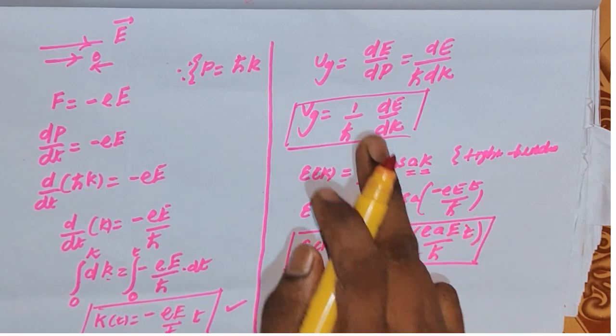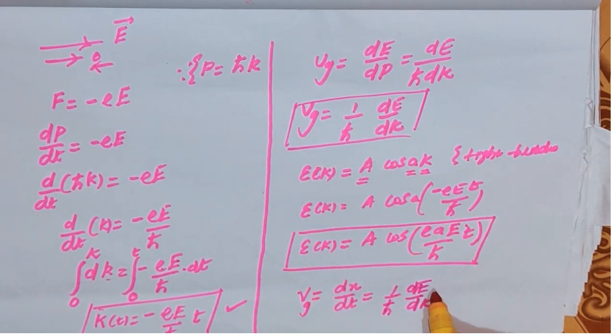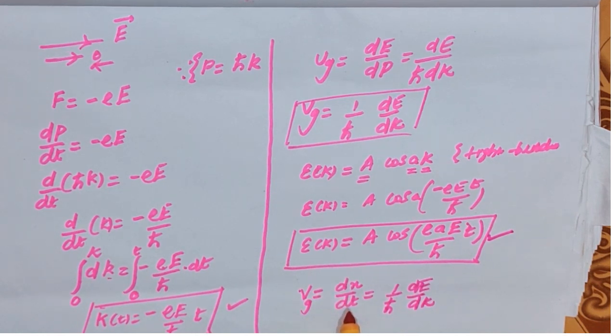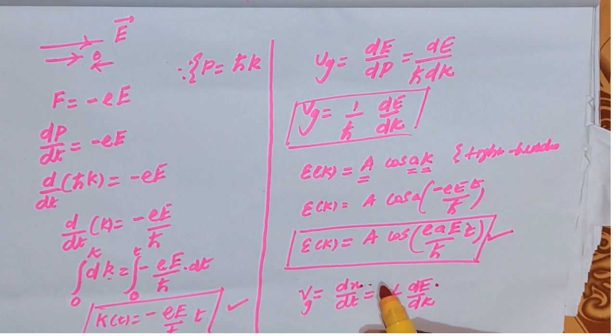We know the energy dispersion relation, so we just substitute it here. Then if we integrate on both sides, we will get the position of the electron at any time inside the material, the exact position.